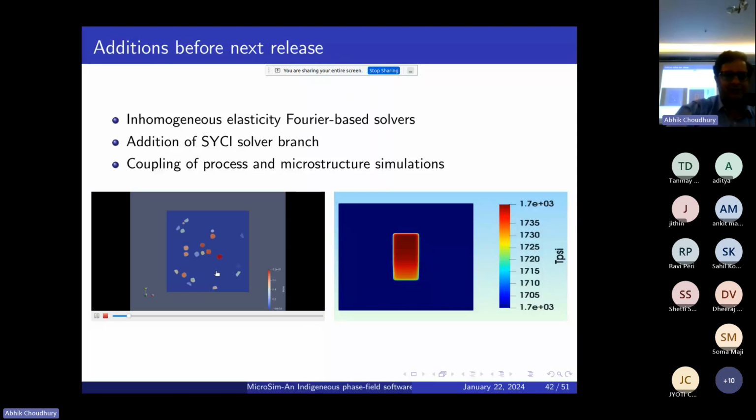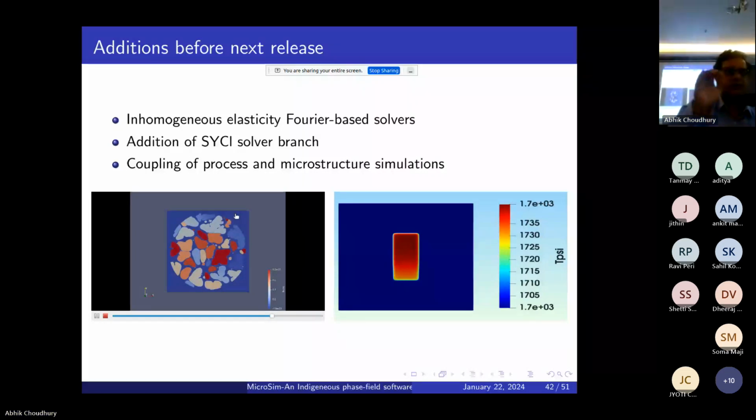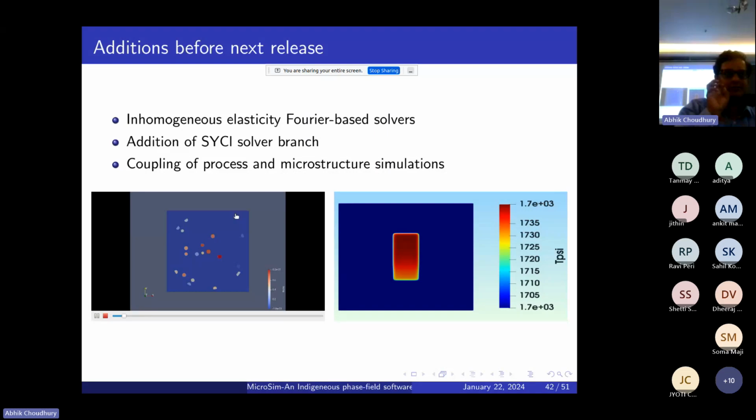Here is a process solidification problem, where we are essentially having the solidification and the heat extraction from a droplet, but we are also doing microstructure. So you are coupling process and microstructure together in a particular problem. This will add different possibilities to impose slightly different process conditions on the system and extract what the microstructure evolution will be.